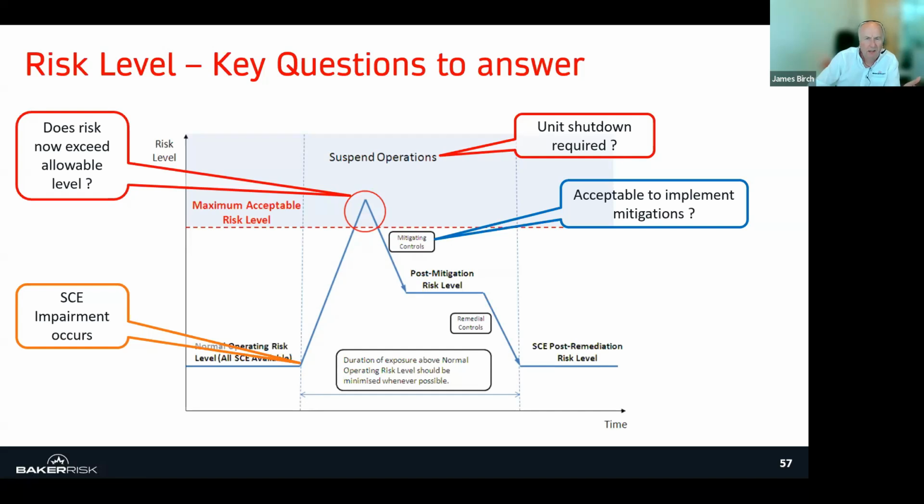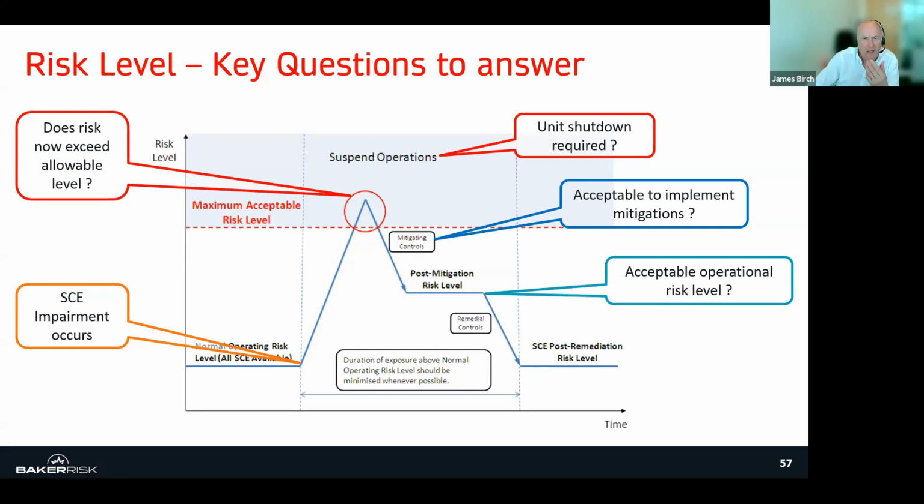And how long is that going to take to do? Can we bring it down to a level that is acceptable? And then finally, when are we going to get the SCE return to duty, so everything is back to normal. We have to climb that mountain, we have to find the top of it, and we have to climb down the other side, and we have to do it safely, and we have to do it in a timely manner.